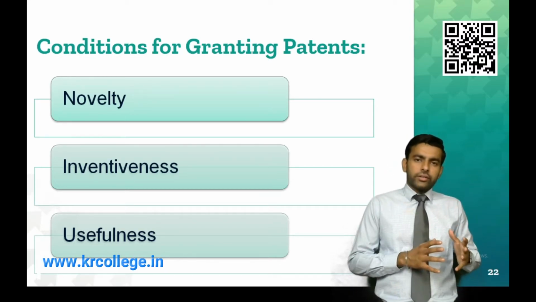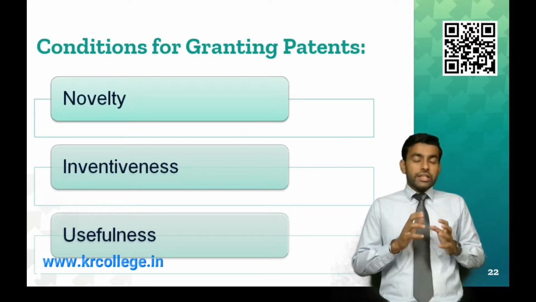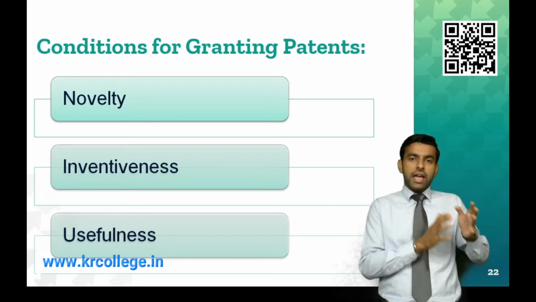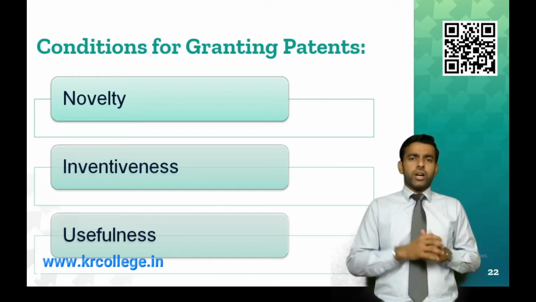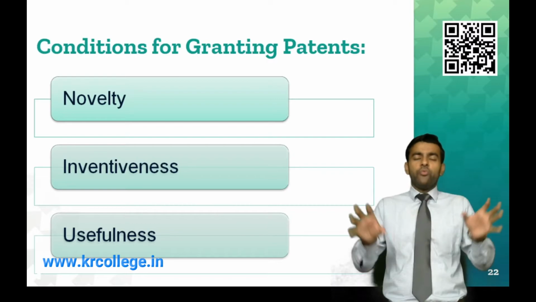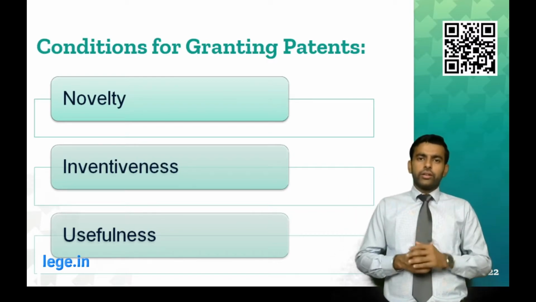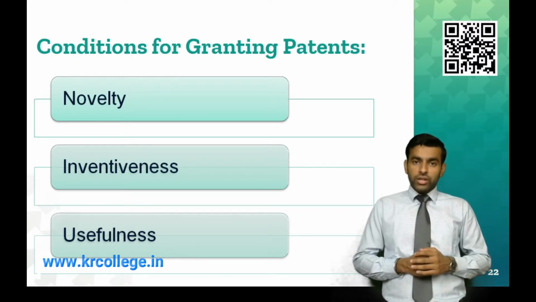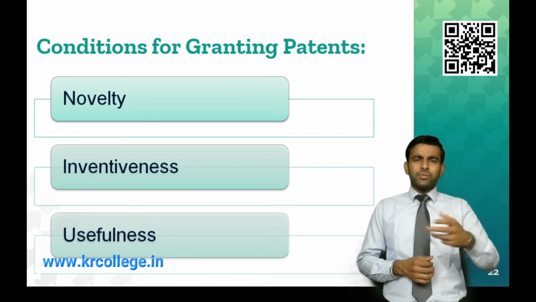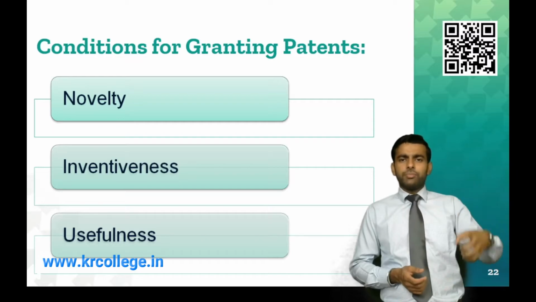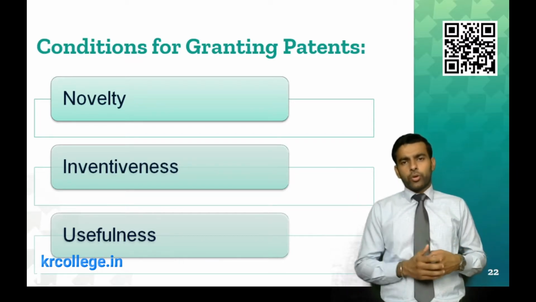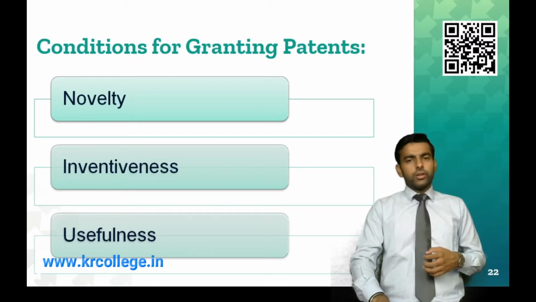It means that the proposed invention is not obvious to any person who is skilled in the art. Basically, it should not be obvious to anyone, right? Third one is usefulness. It should be useful. Only these three are the parameters: if I have these three, I can ask for that particular patent protection. Okay.